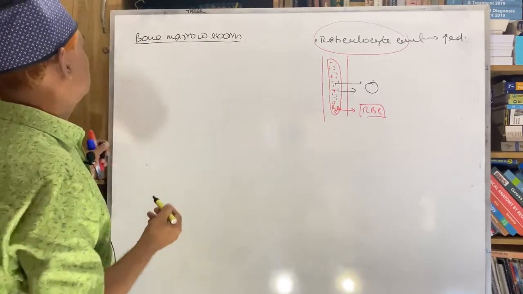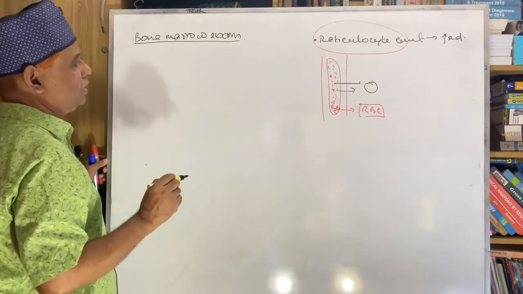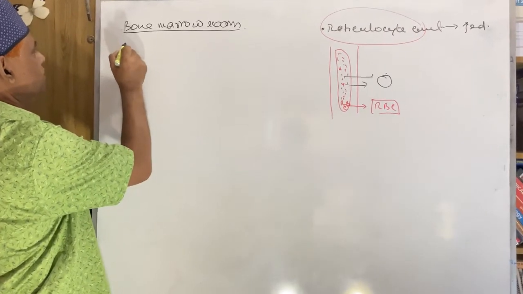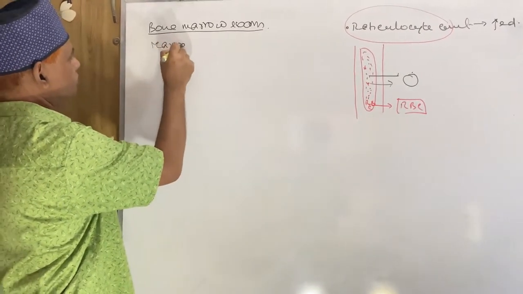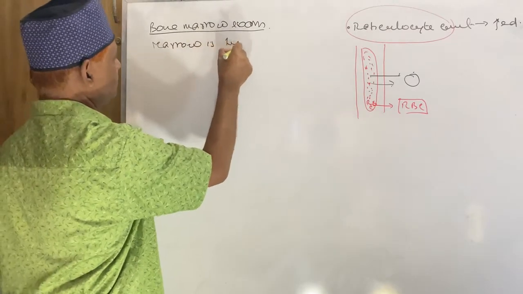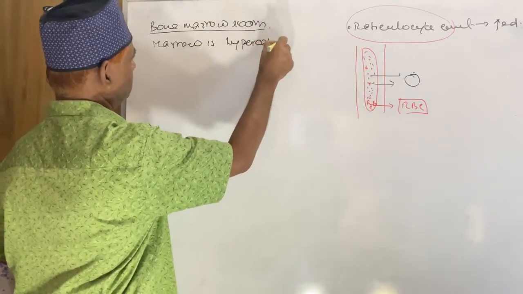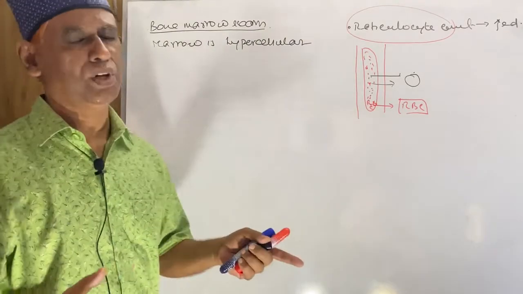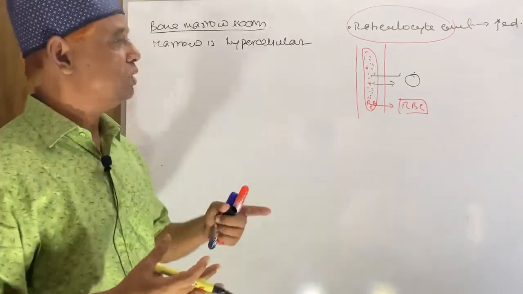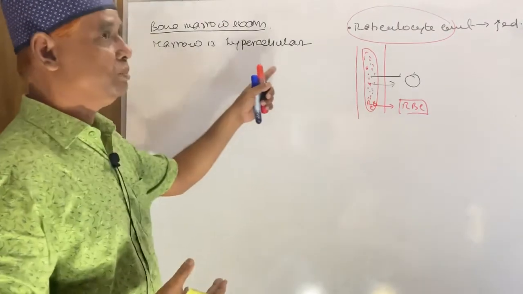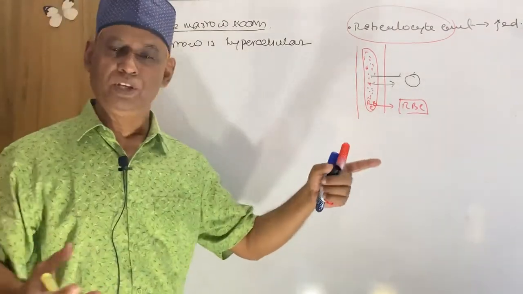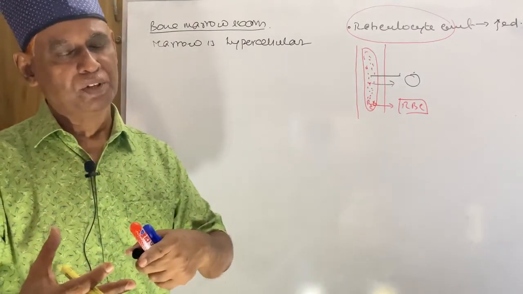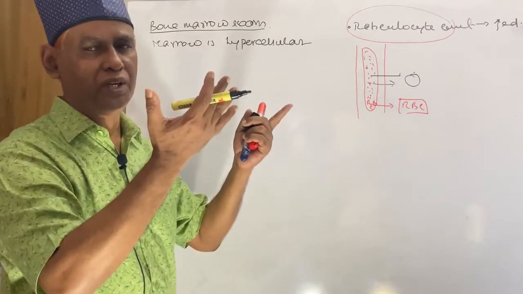So in bone marrow, in case of acute lymphoblastic leukemia, what will it show? First, cellularity. Marrow is hypercellular. As it is a cancer of the bone marrow, a cancer of the hemopoietic stem cell, there is an increased number of cells in the bone marrow. As the hypercellularity is due to the lymphoid series, the erythroid series is depressed, rather the myeloid series will be increased.